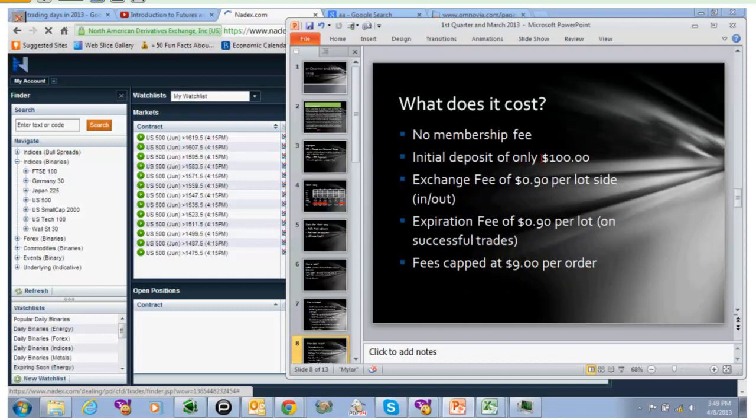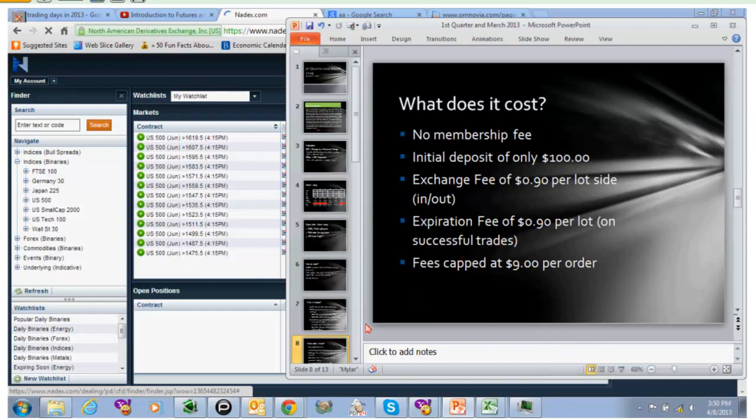No membership fee, initial deposit of only $100, exchange fee of 90 cents per lot side in and out. That means a round turn is 90 cents. Expiration fee of 90 cents per lot on successful trades.